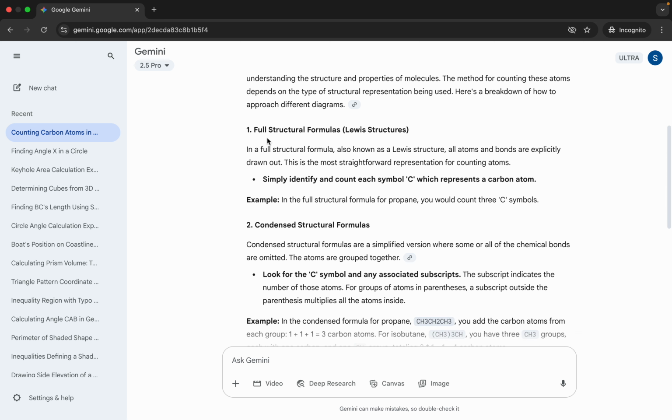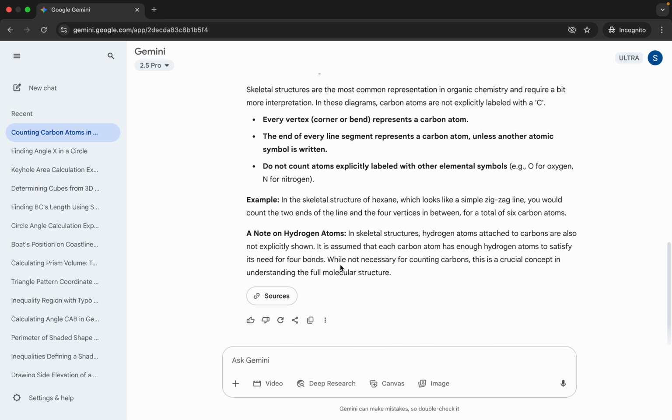Full structural formulas, Lewis structure. In the full structural formula, also known as Lewis structure, all atoms and bonds are explicitly drawn out. This is the most straightforward representation for counting atoms. Simply identify and count each C, which represents a carbon atom.